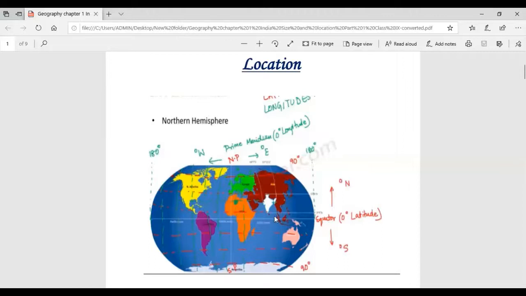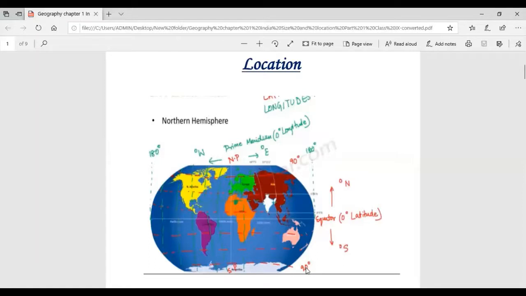Now let's move on to how we measure latitudes. The latitude is 0-degree at the equator and 90-degree at the poles. So how can we measure the latitude? Towards the equator, the latitude is 0-degree, and towards the pole, on both sides, it is 90-degree.